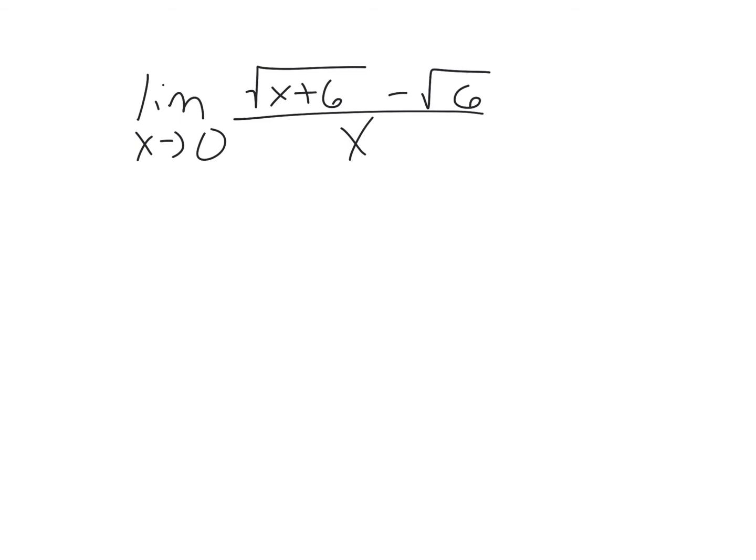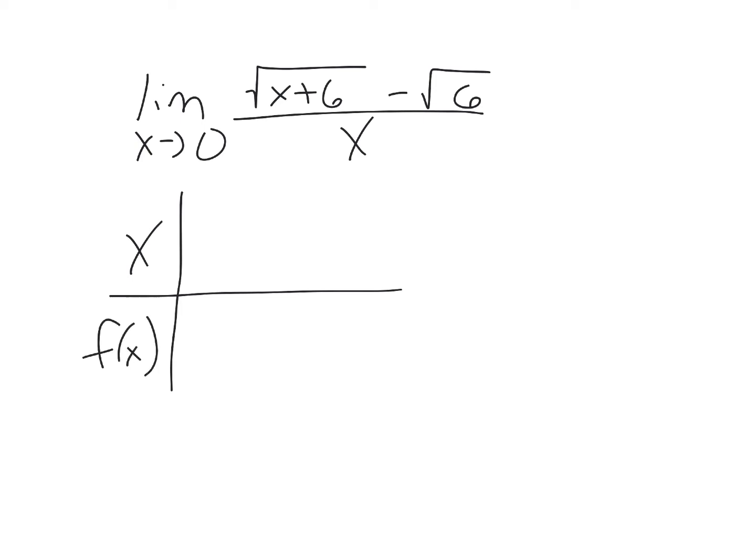All right, so we're going to estimate this limit numerically. We have the limit as x approaches 0 of the square root of x plus 6 minus the square root of 6, all over x. So remember, as we get closer and closer from the left and from the right, we want to know what that is. So I'm going to make a table of values, x and f of x for our output.